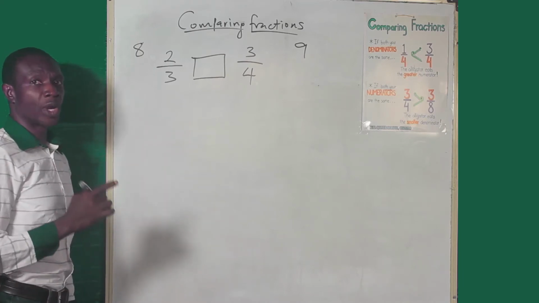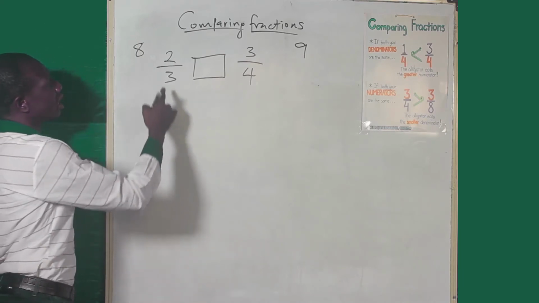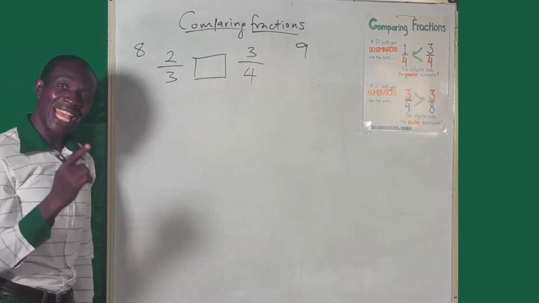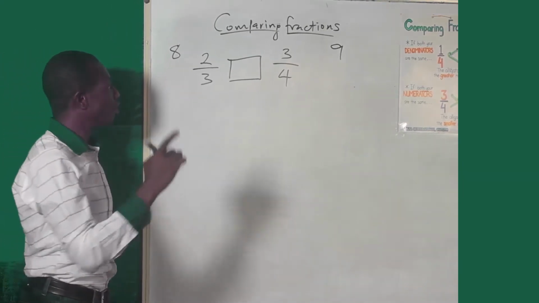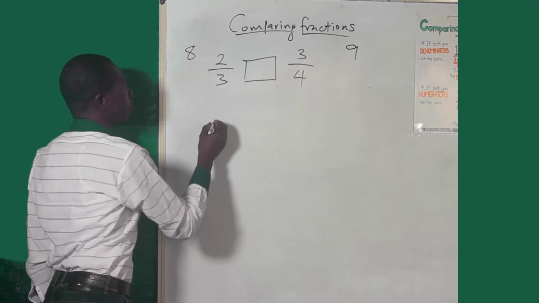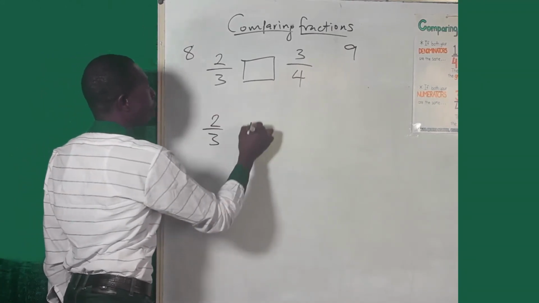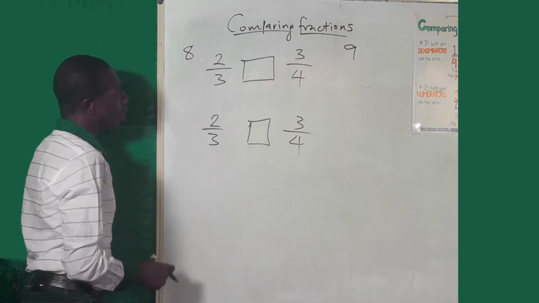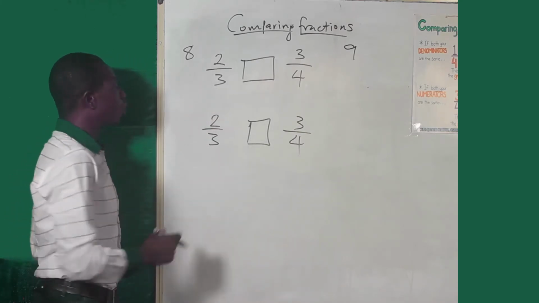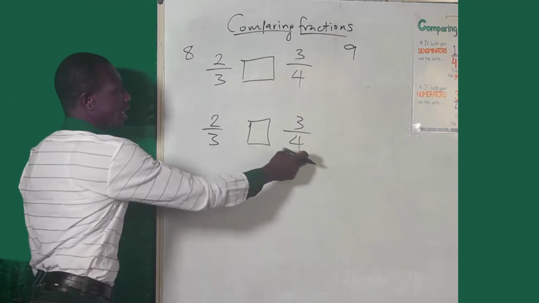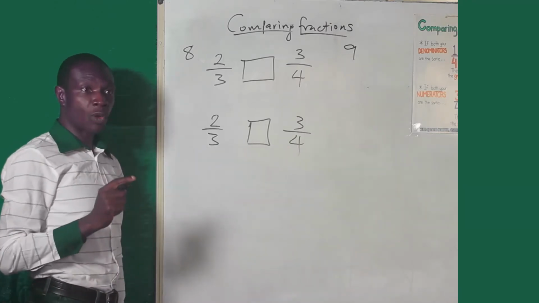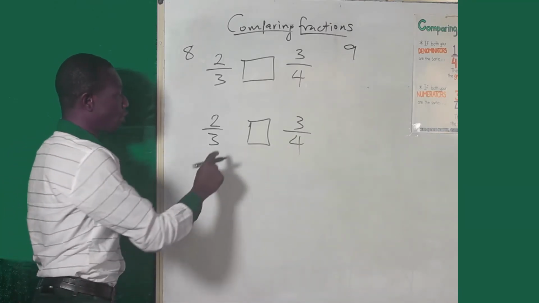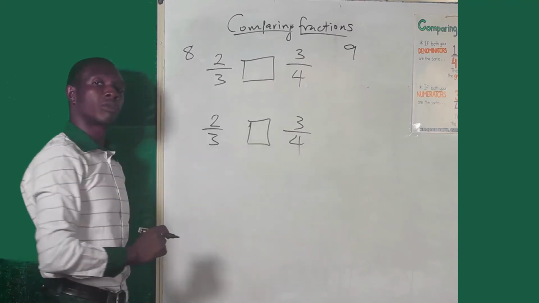is to look for a way of making the fractions have the same denominator. For example, 2 over 3 box 3 over 4. Now, what do I do to make this denominator the same? That is, in another way, what is the LCM of 3 and 4?